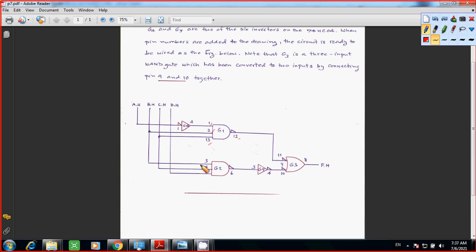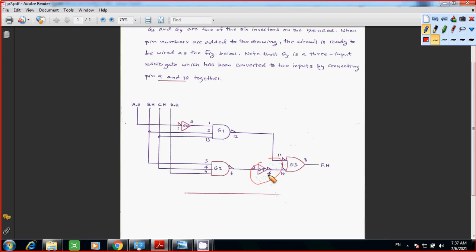So if you look quickly, this is your final circuit. Your function is what? A prime. This one does the work to convert from high to low, right? From 1 to 0, 0 to 1. And this becomes A prime, B, and C. And also you have OR with B, C, and D prime.